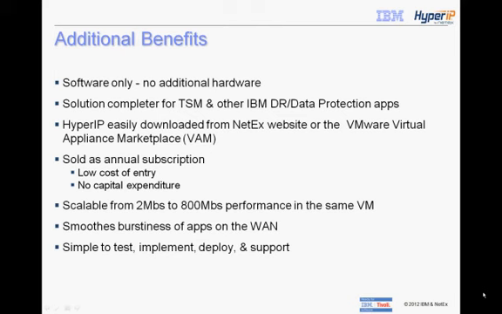It's a lower cost of entry because it does not require capitalized hardware. So you can bring in HyperIP whether your link size is 2 megabits a second or 800 megabits a second. HyperIP is priced by throughput depending on the throughput you need for the applications that HyperIP is optimizing.